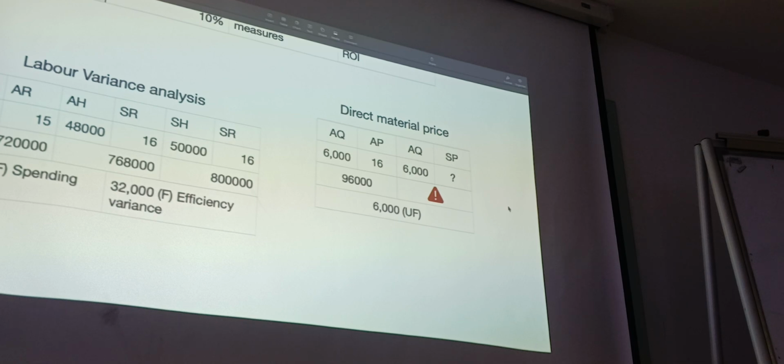Go backwards. Actual is higher or lower? Higher. So this one should be lower.